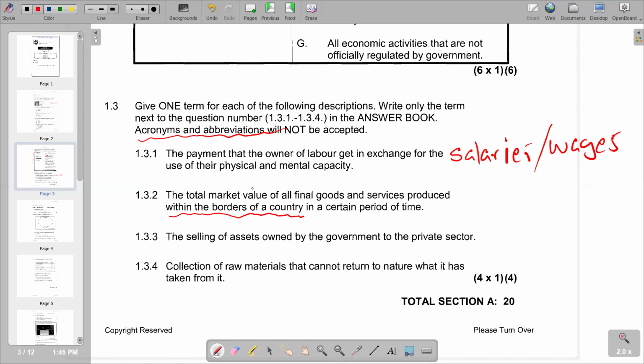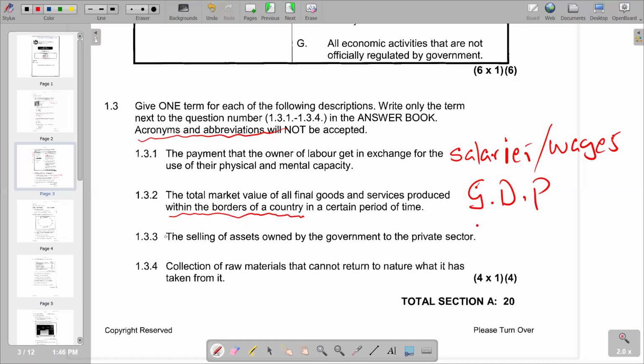As long as it's being produced domestically, locally, we include it in the calculation of gross domestic product. Remember, we also have gross national product, where we are looking at the citizens of South Africa, no matter their location. So here, it's saying within the borders of the country, so we are saying GDP, which stands for gross domestic product.